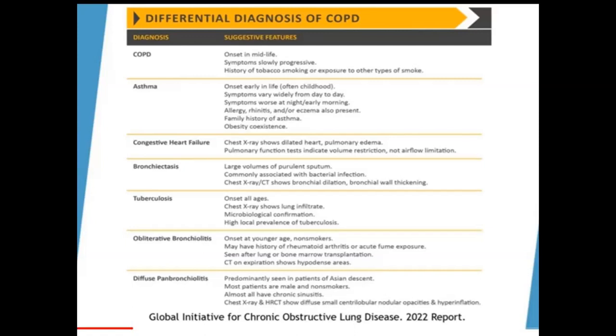But from your history, you'll be able to tell that this person has been having the symptoms from childhood. The other thing is that asthma is associated with other findings such as atopic dermatitis. There's always a history of atopy, allergies like allergic rhinitis, and these associated symptoms.